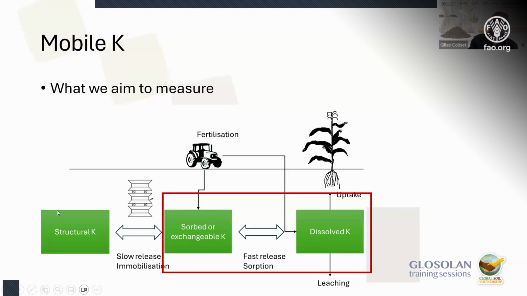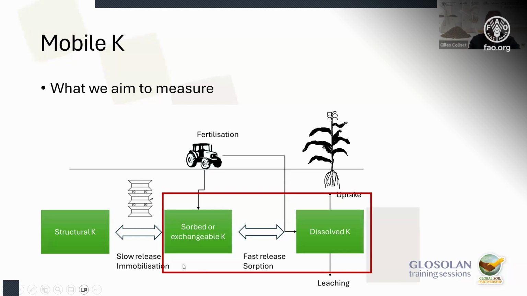And in the clay, you could have processes of potassium trapping. Some of the clays, such as illite, I don't know exactly the pronunciation in English, are open, and when potassium is put in their system, they just close, and so they block the potassium.